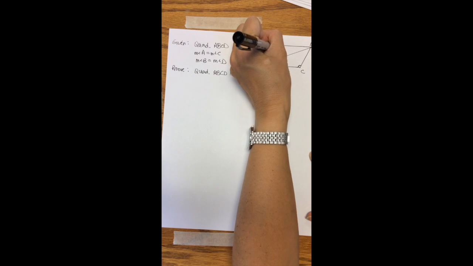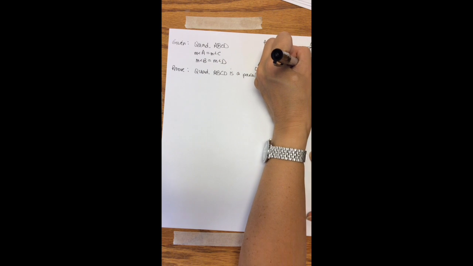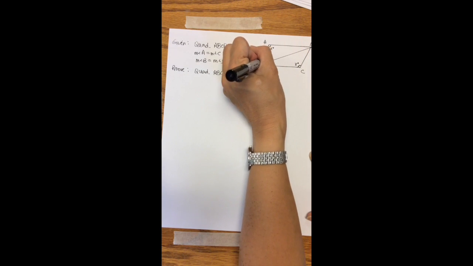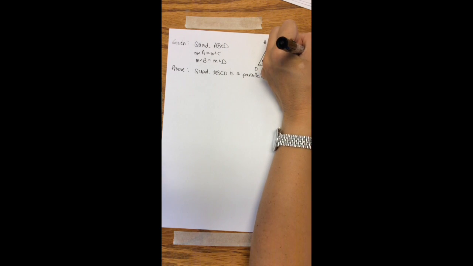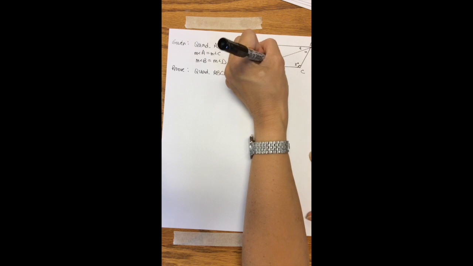Let's do that as X, and we know that's X also because they are congruent, they're equal. And let's go R, S, T, and U, just so we can talk about them a little bit easier.